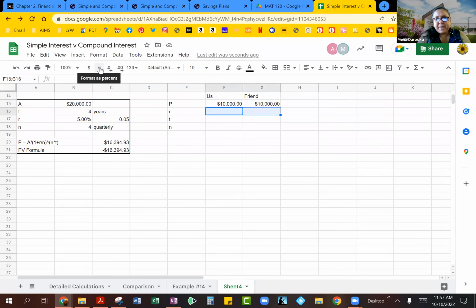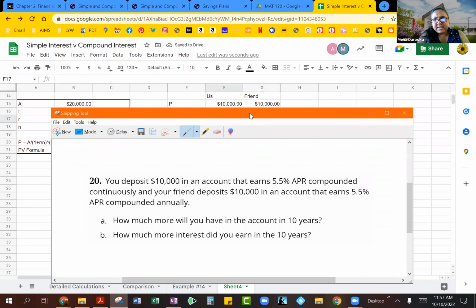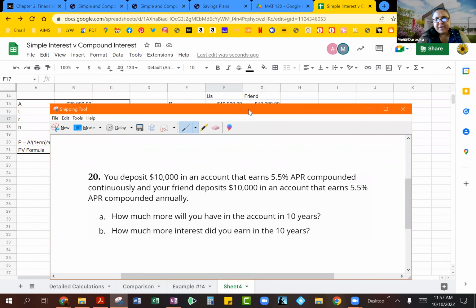Before typing my number in, I'm actually going to format it as a cell. And then both of us and the friend are earning an interest of 5.5%. Now, here's where it's going to be different. The time frame, of course, needs to be 10 years for both, because in parts A and B, they're telling us how much will we have earned and how much will our account have in 10 years.